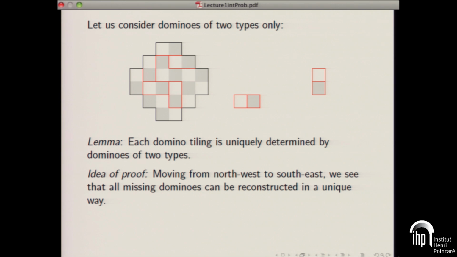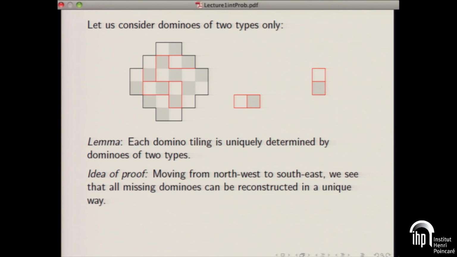So it's written here that I didn't lose any information. So on this example, we see, if we know the positions of these dominoes, in how many ways can we cover this box? Well, there is only one domino which can cover this box. When we do have this domino, we can ask the same about this domino, then this domino, and also this feature can also be covered in a unique way.